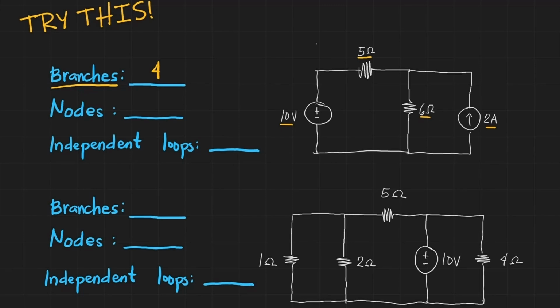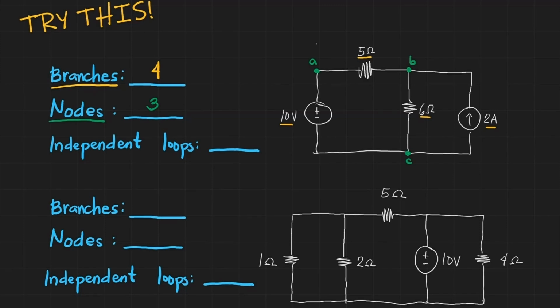So we have 4. For the number of nodes, we have one in between the 10 volts and 5 ohm, another one at the connection of the 5 ohm, 6 ohm, and the 2 ampere source, and of course, at the bottom, which is the connection of the 10 volt, the 6 ohm, and the 2 amperes. In other words, we have 3 nodes.